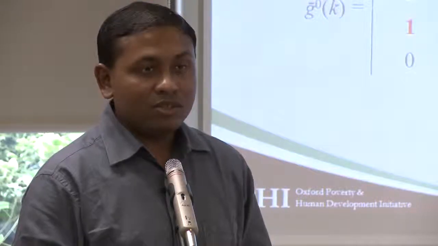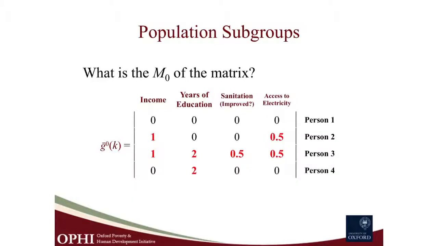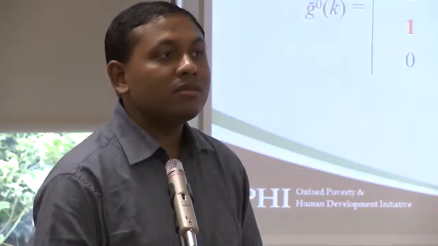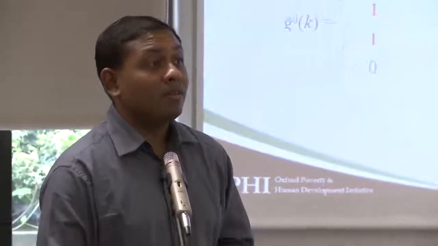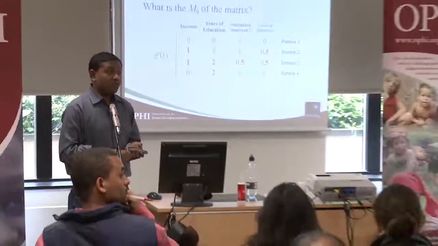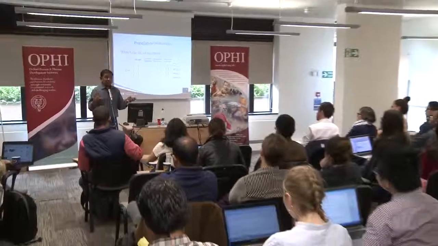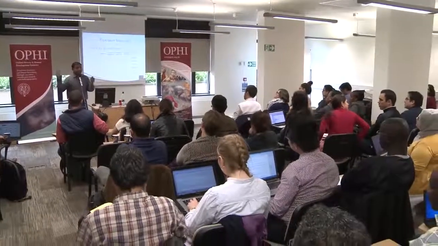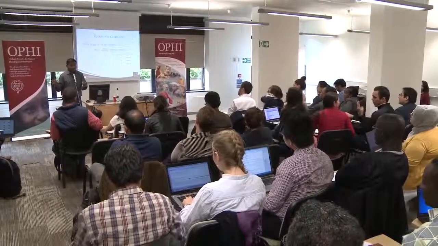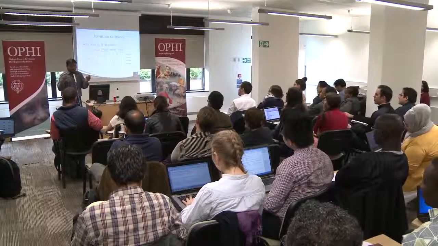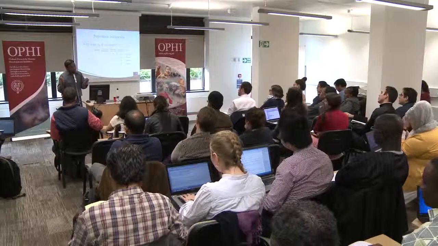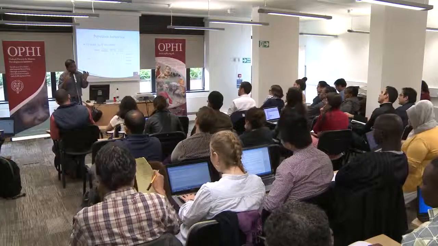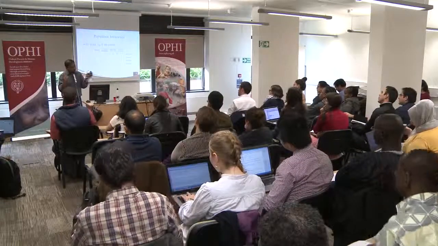And what is the M0? How to compute M0, the adjusted headcount ratio? 3 out of 4. It's multidimensional. You need to differentiate between the multidimensional headcount ratio and the adjusted headcount ratio, right? The adjusted headcount ratio adjusts the multidimensional headcount ratio with intensity. Some of you had a similar confusion in your exams.